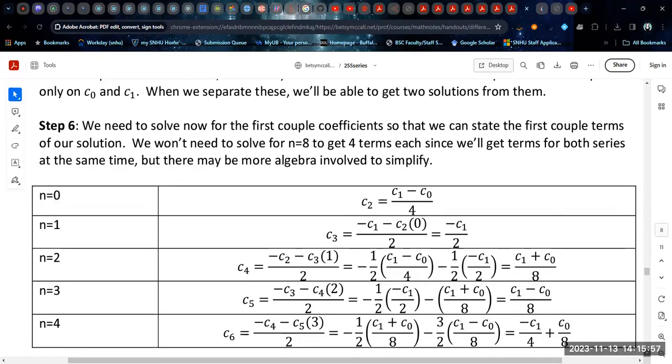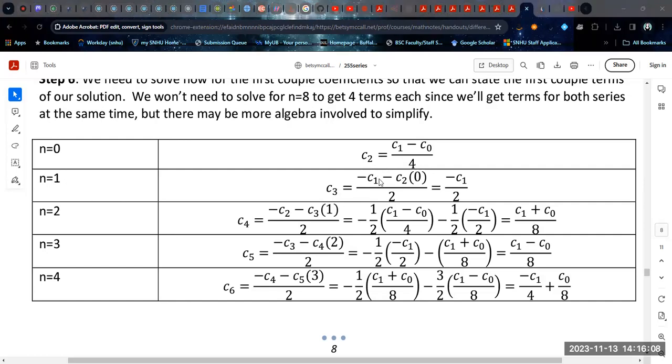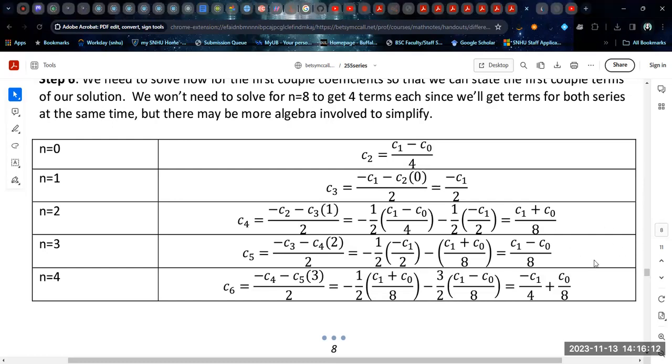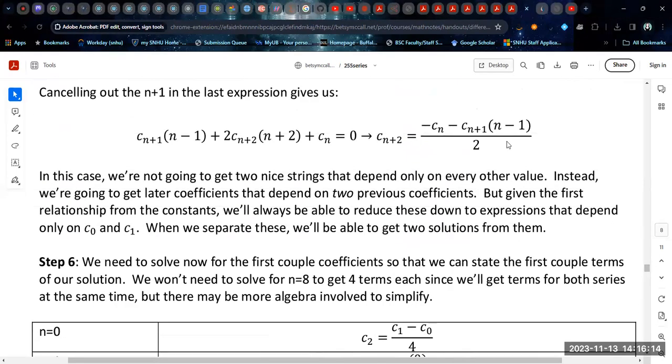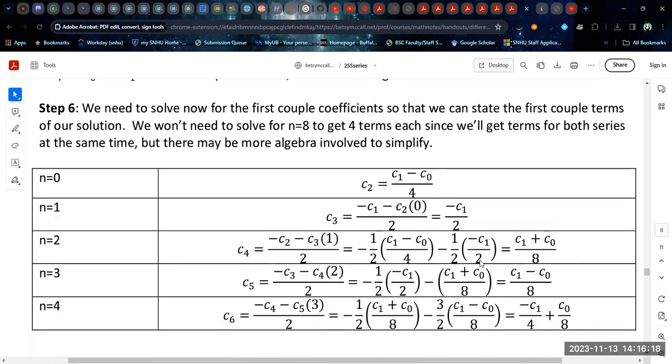And so now we start solving. N equals 0 gives us this expression for C2. But then we go to n equals 1, and so we use our formula, the second one that we generated, this one, and we end up with this C2 expression canceling out, and we have just negative C1 over 2.